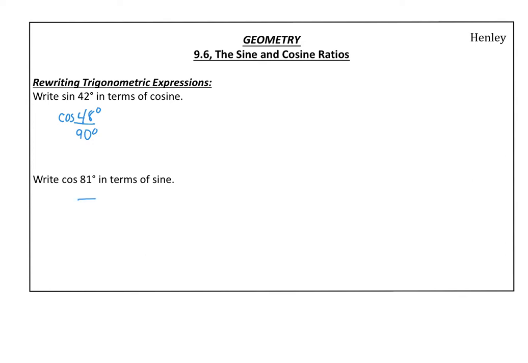Likewise, what would we need to make 81 90? We would say 9. So to write the cosine of 81 degrees in terms of sine, we would say that the sine of 9 degrees is your answer.